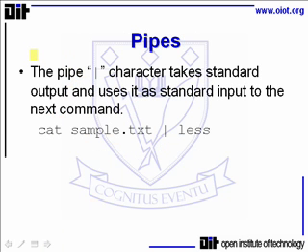The next thing we're going to talk about is pipes, and after that, redirects. What the pipe character does is it takes the standard output from the previous command and uses it as standard input to the next command. In this case, we discussed the cat command.